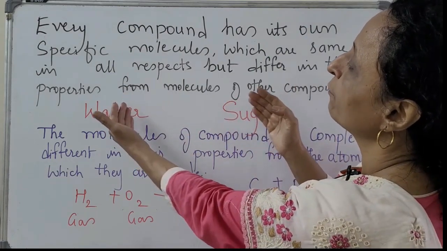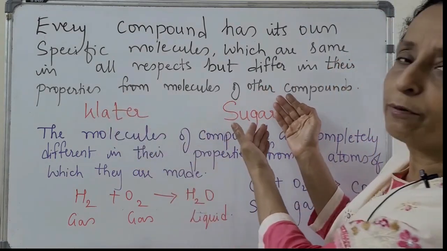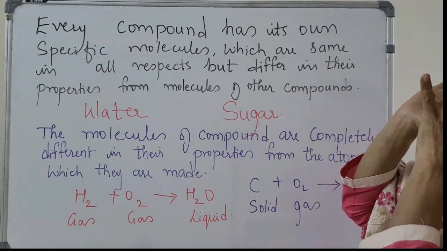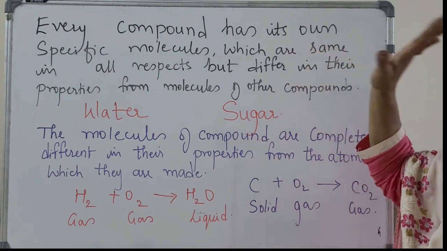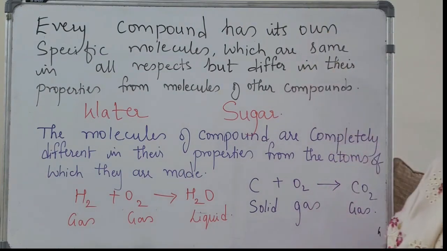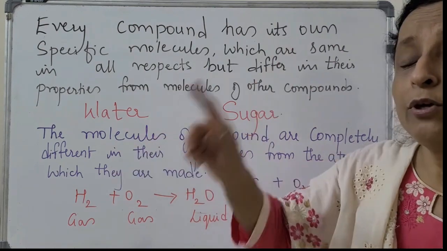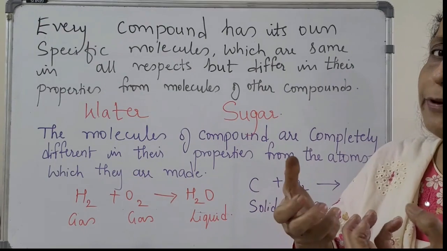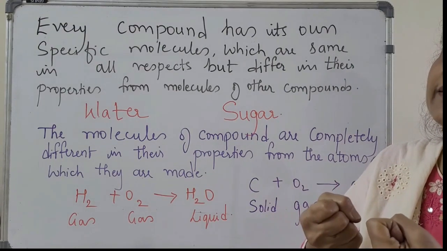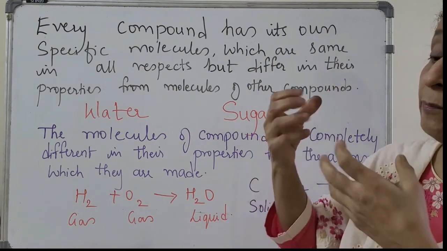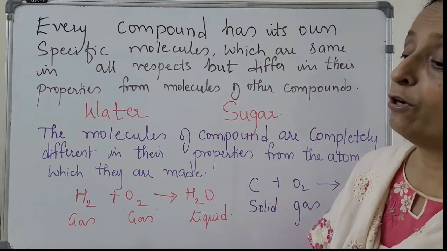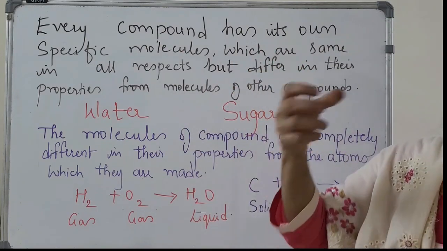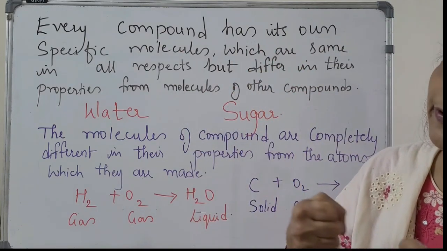So the properties of the molecule of water will differ from the properties of the molecule of sugar. So I hope this concept is clear. Now, take any compound, its molecule will be formed of its component atoms. The property of the molecule will differ from its components also.